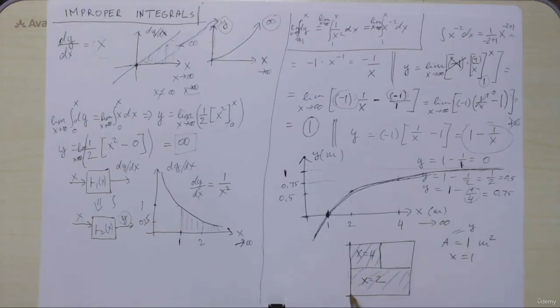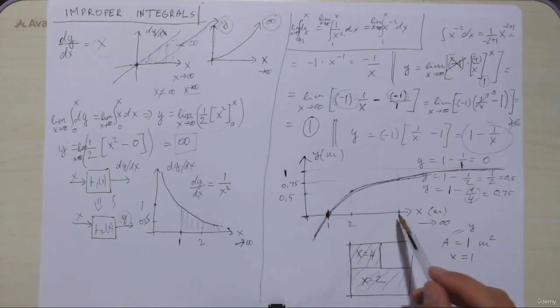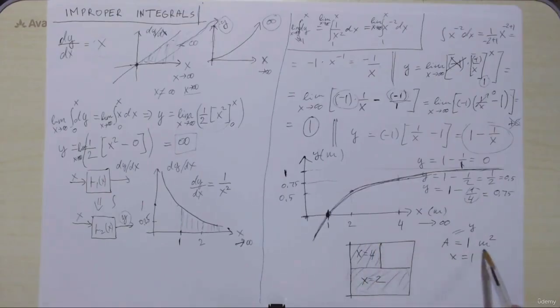So in total, if the total area of my square is 1, then once I have gone from x equals 1 to x equals 4, I have covered 0.75 meters squared, or 75% of my area in the square.